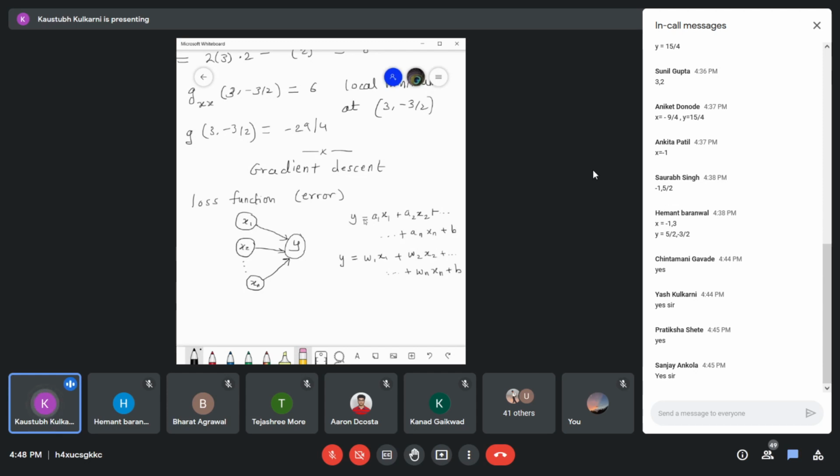So x1 is weighted with a weight of w1, x2 with a weight of w2, and xn with a weight of wn, plus there is some constant b.